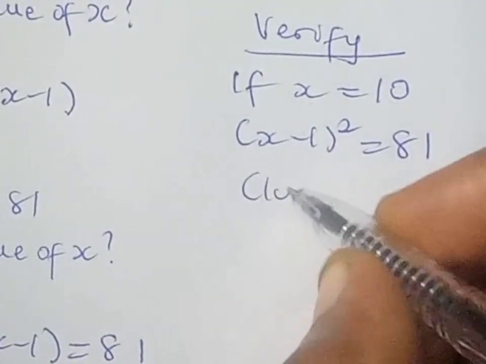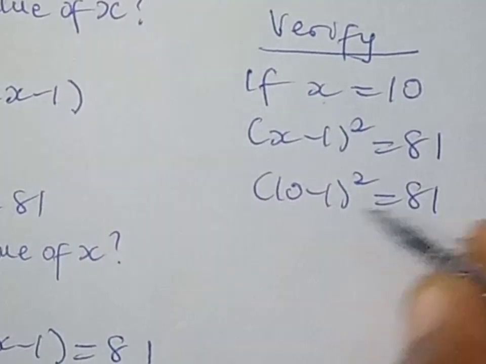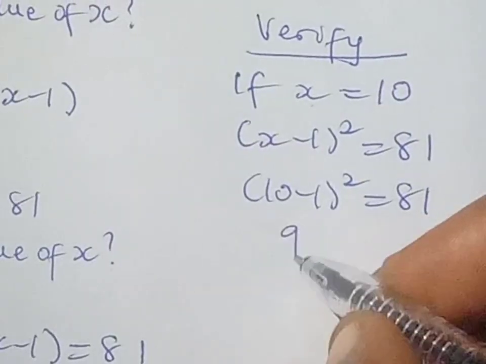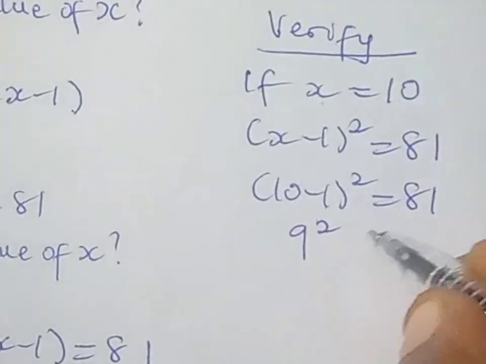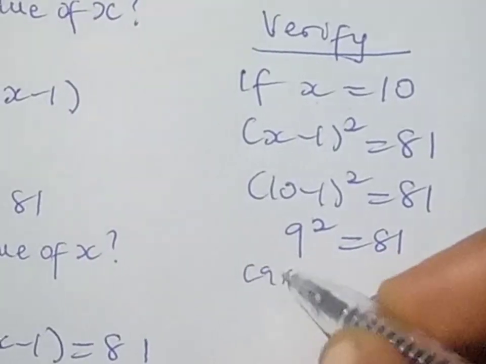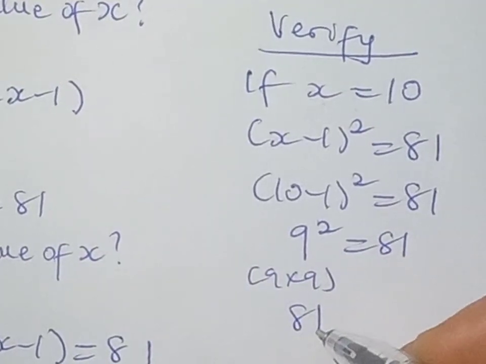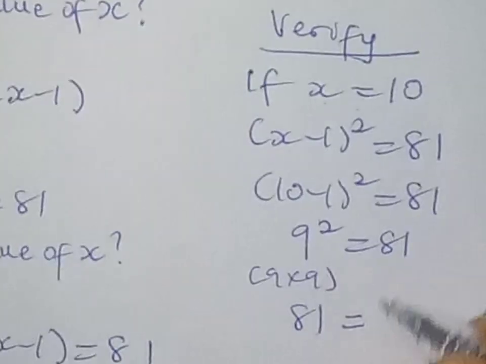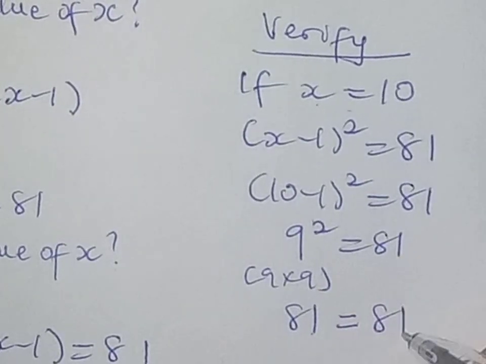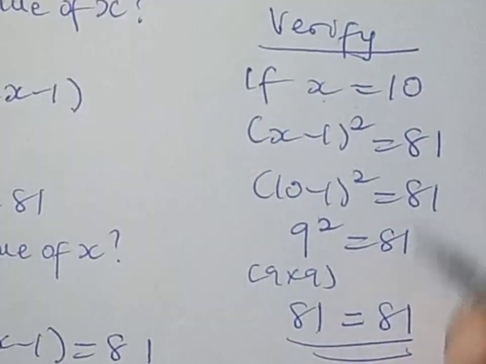So we have (10 − 1)² = 81. 10 − 1 will give us 9. So we have 9² = 81. 9² means 9 times 9, which will give us 81. So on the left side we have 81, while on the right side as well we have 81. So our x = 10 is correct.